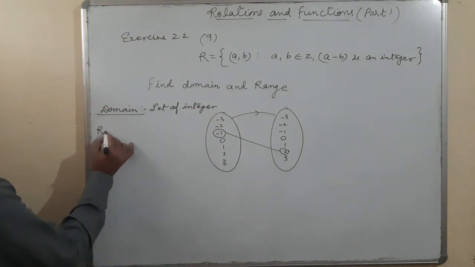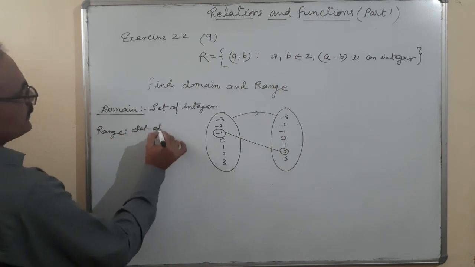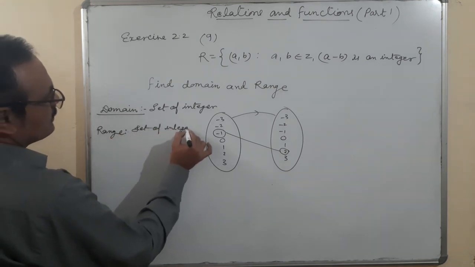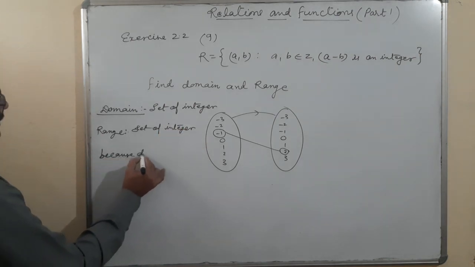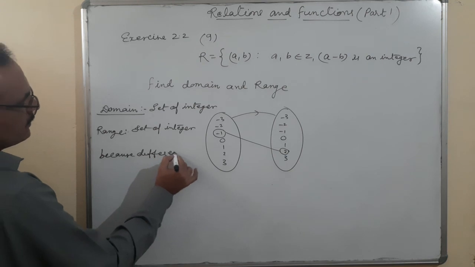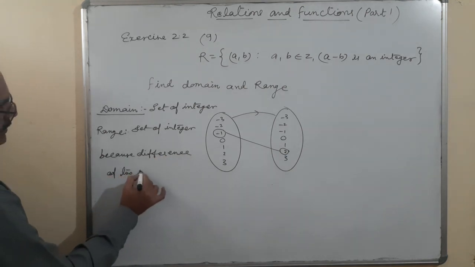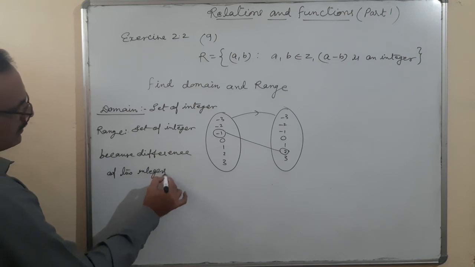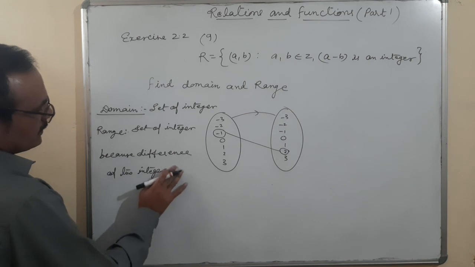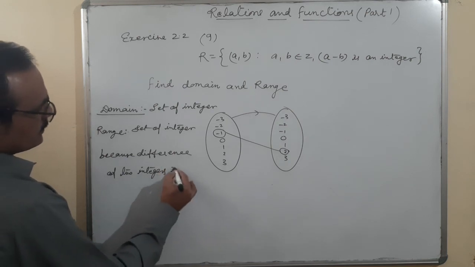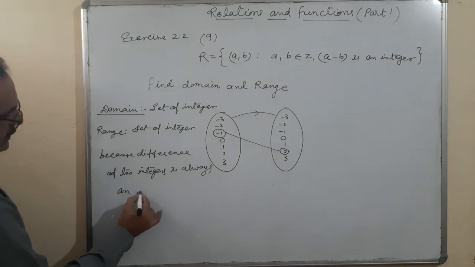Range: set of integers. Why is it? Because the difference of two integers is always an integer.